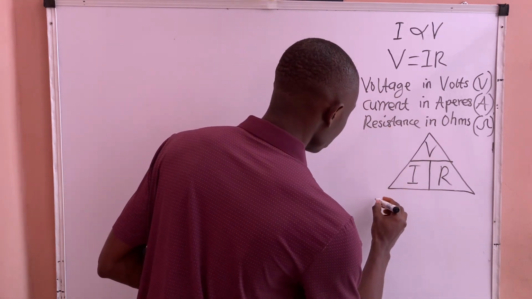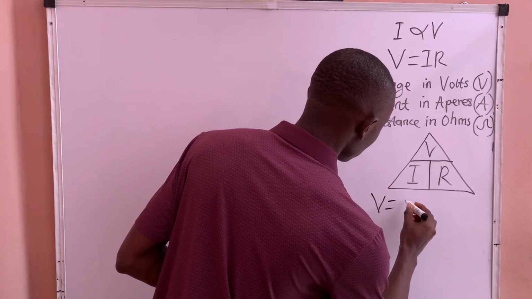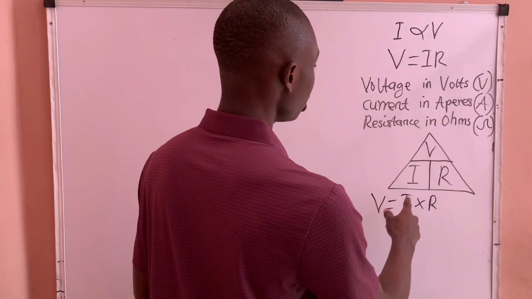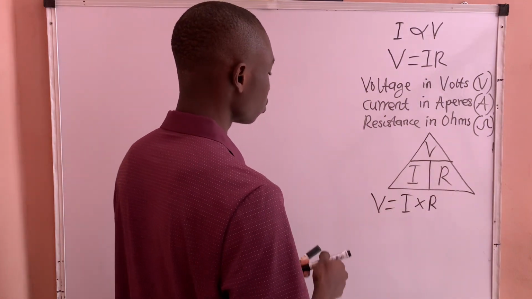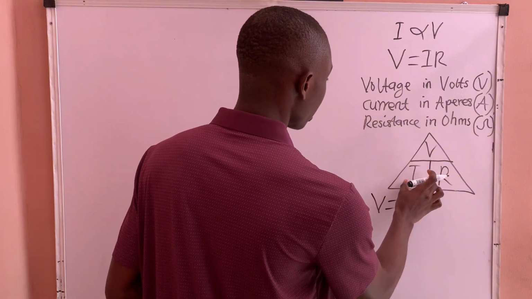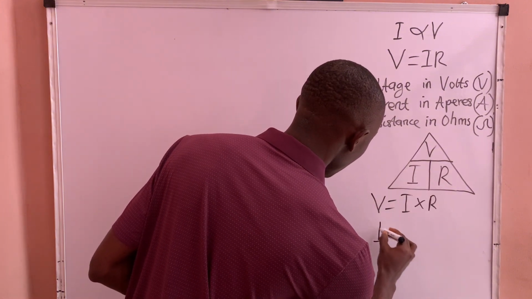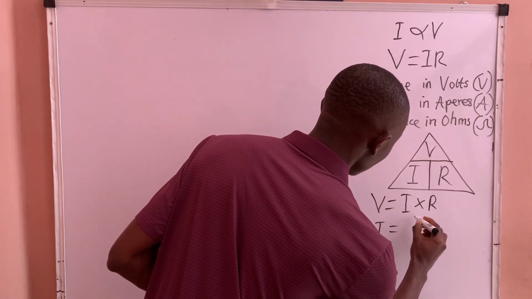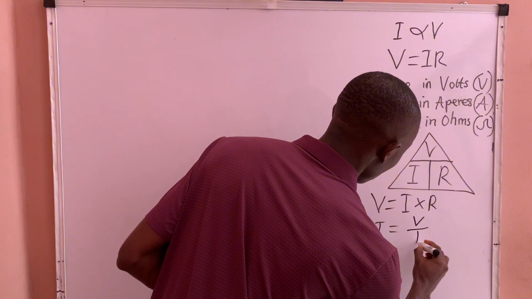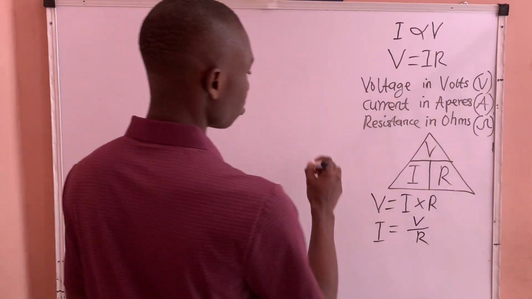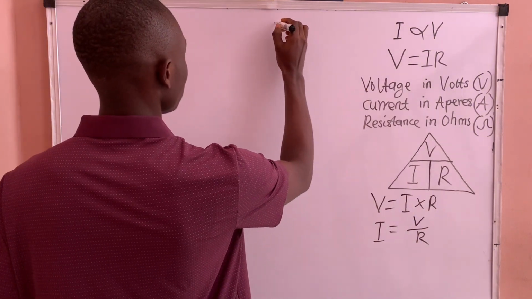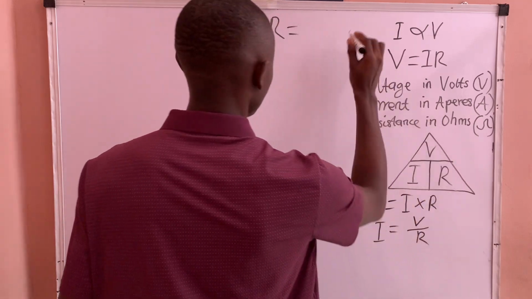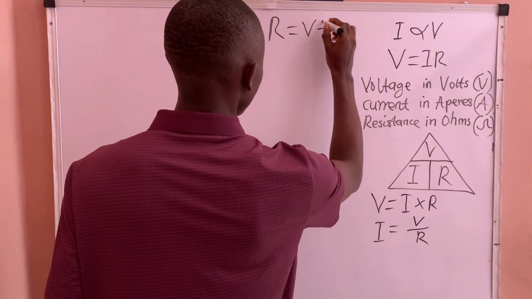So voltage V = I × R. If voltage and resistance are given and we are asked to find current, I cover current, which is I, and I'm saying V divided by R. The same applies to resistance: if I cover R, we will have V divided by I.